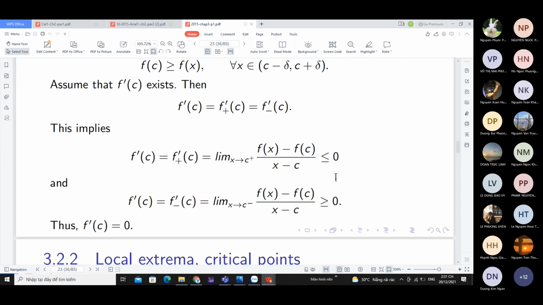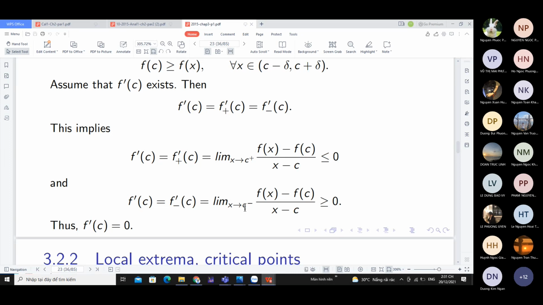On the other hand, f prime of c equals the left derivative of the function f at c, and by definition it's the limit of the difference quotient (f of x minus f of c) over (x minus c) as x approaches c from the left. It means x approaches c and x is less than c, so x minus c is always negative.